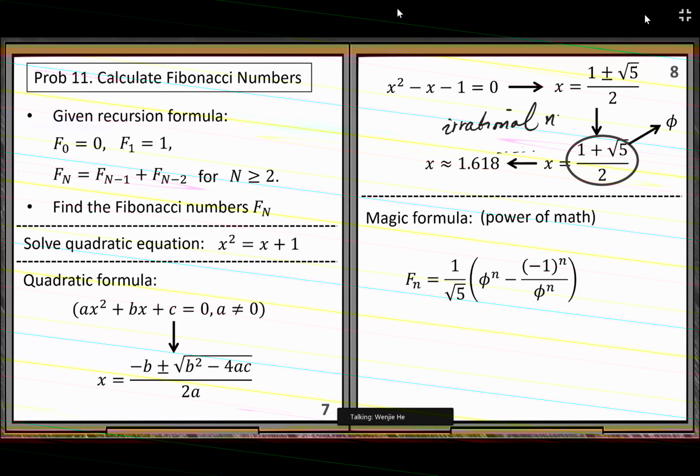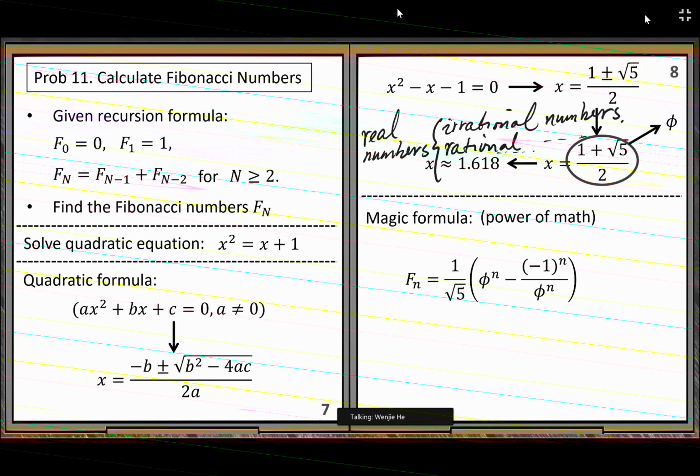Irrational numbers. The real numbers can be divided into two categories: rational numbers and irrational numbers. So what are the rational numbers? What are the irrational numbers?